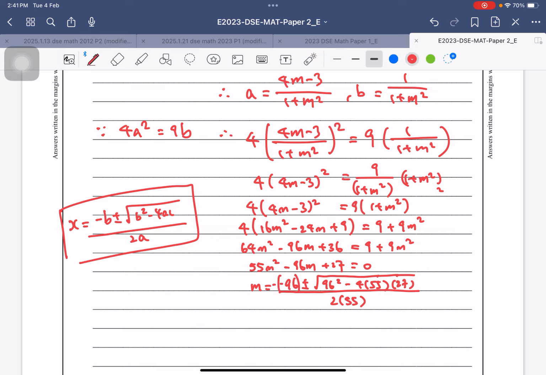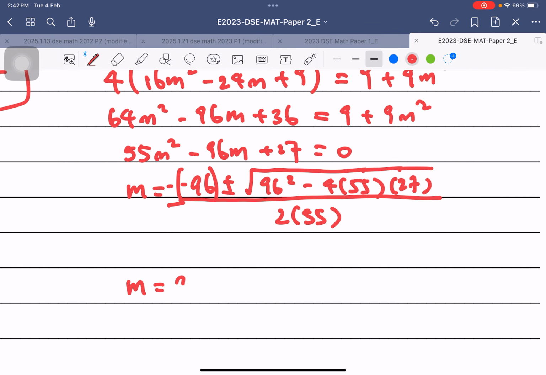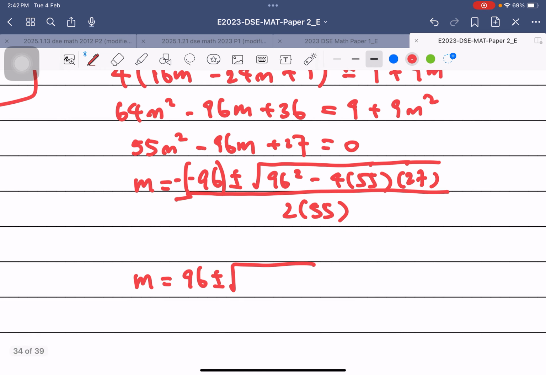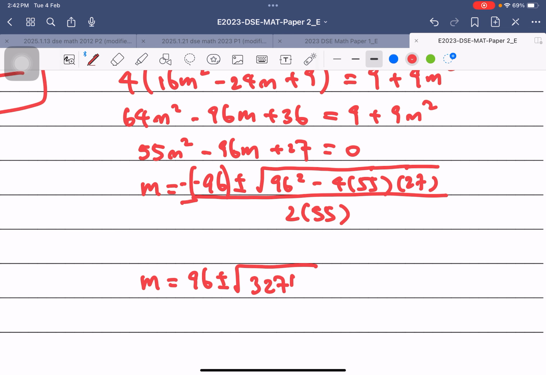Okay? And then m is equal to 96 plus or minus the square root of, what's the whole thing in the square root equal to? Divided by 2 times 55, which is 110.